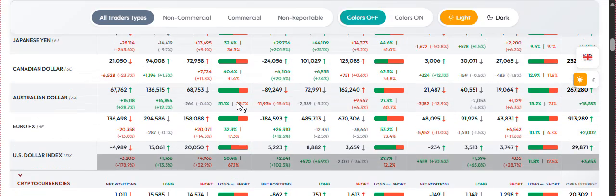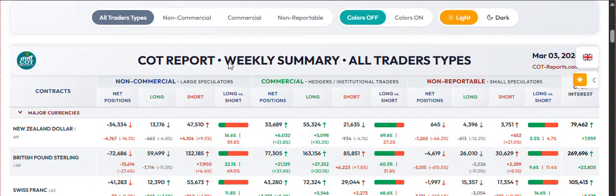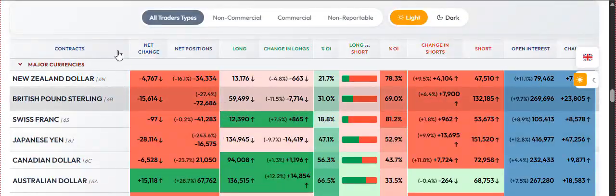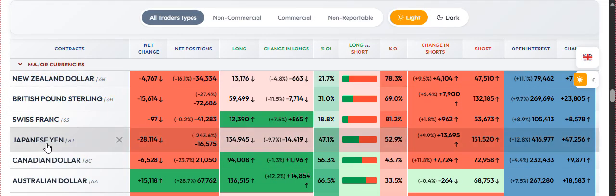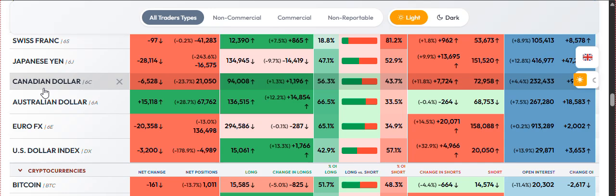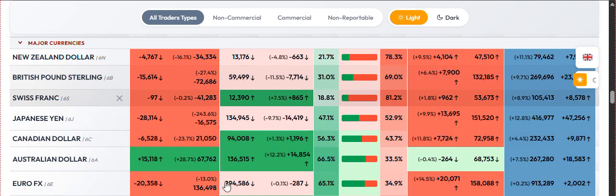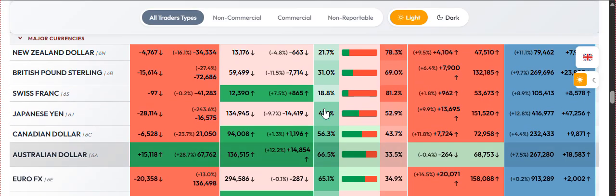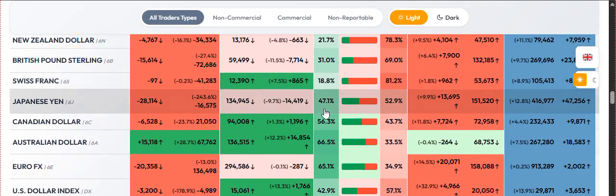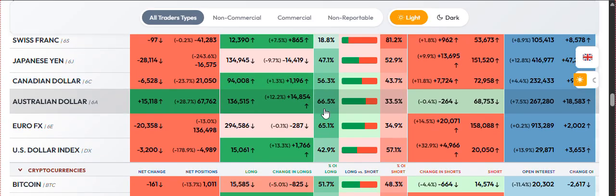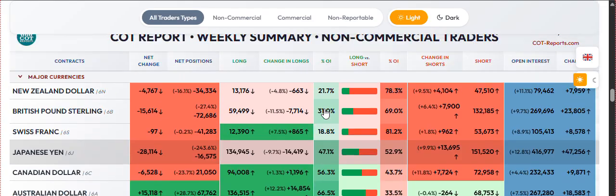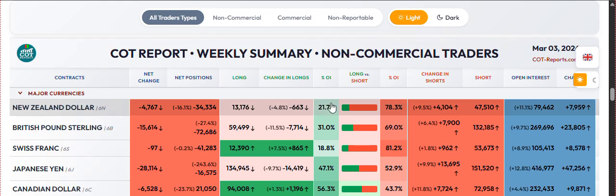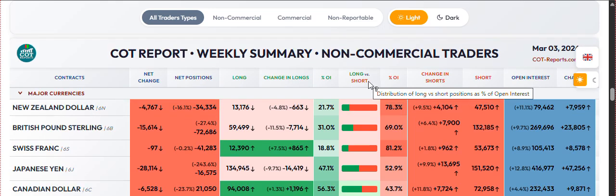So when you use the COT data, it's advisable to look at what the non-commercials alone are doing, the longs versus the shorts.